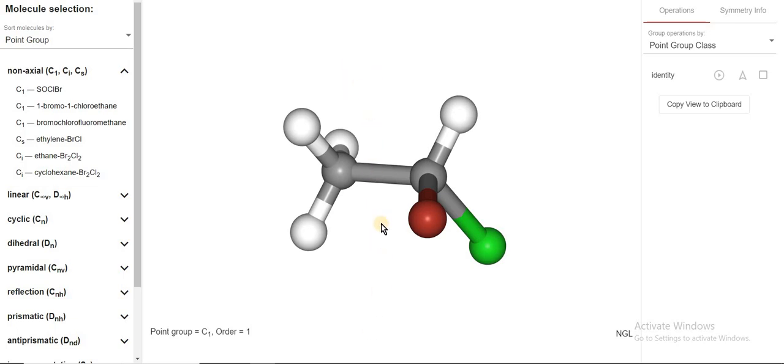So if there is a C1 axis, it means we will rotate the molecule about that axis by theta equal to 360 by n. Here n is equal to 1, so 360 by 1, so a 360 degree rotation. C1 gives a 360 degree rotation, which is similar to the identity operation. Now this molecule also has only identity.